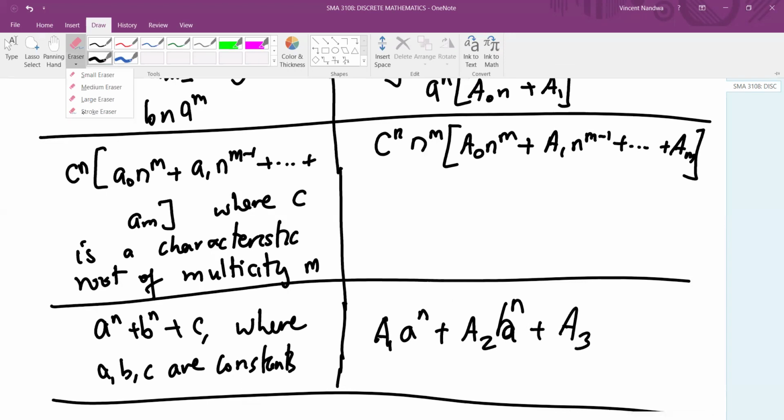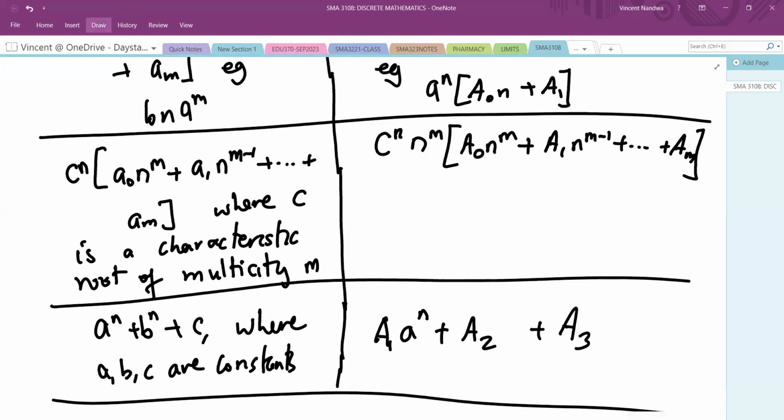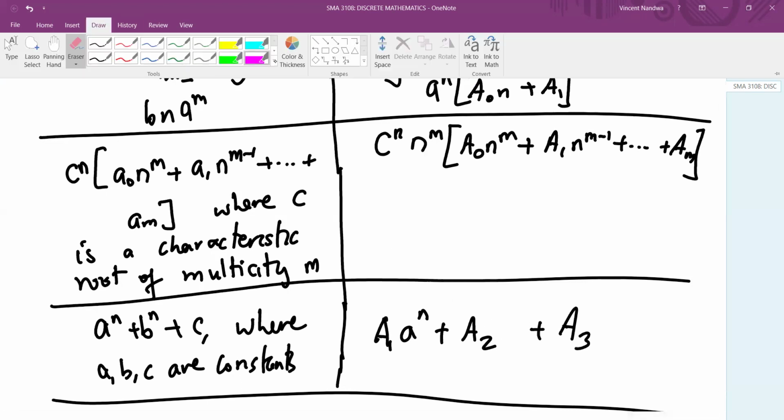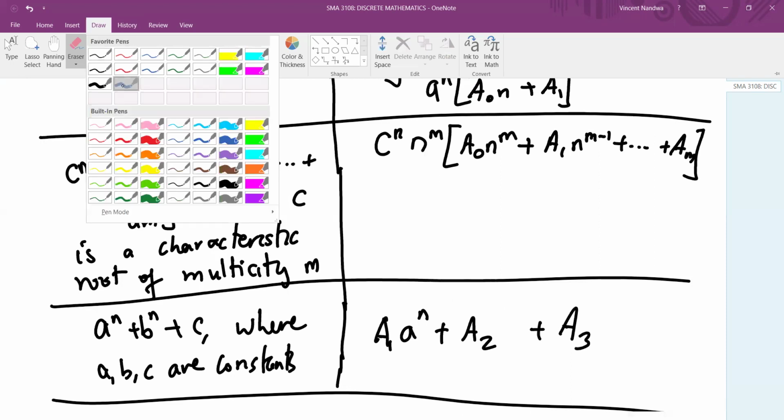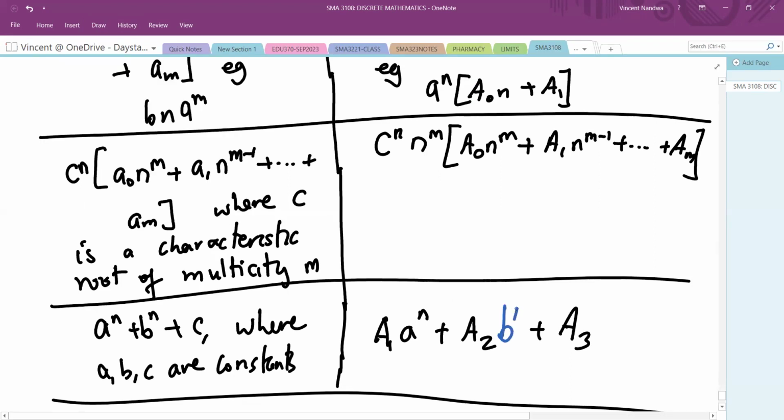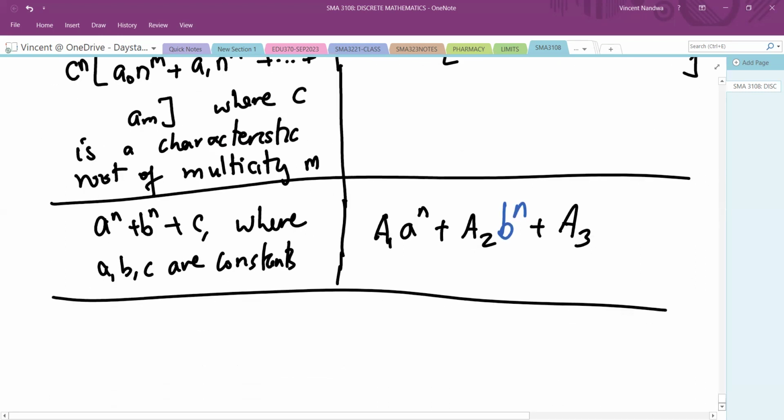So we now demonstrate with examples to illustrate how to solve non-homogeneous linear difference equations with constant coefficients.